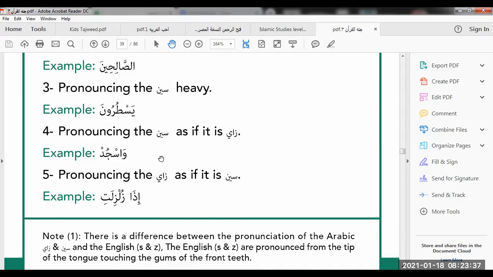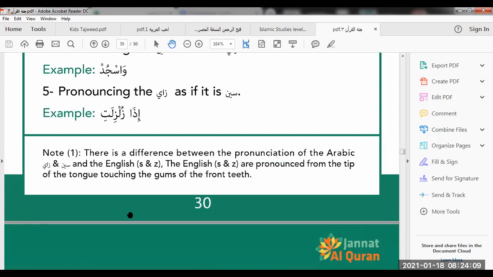And pronouncing the zay as if it's seen, like إذا زلزلت الأرض. Some people make this mistake and say إذا سلسلت, confusing the sounds of seen and zay.